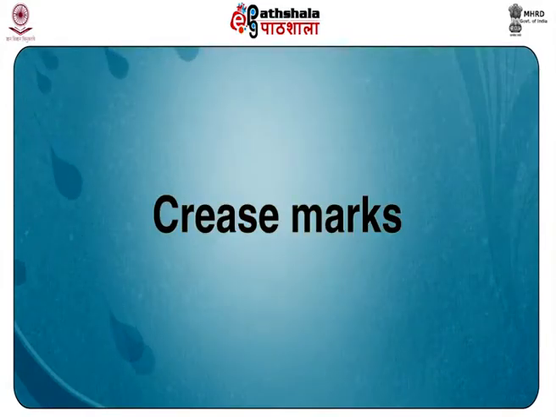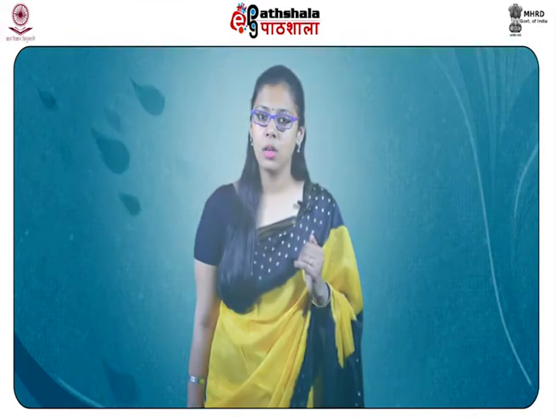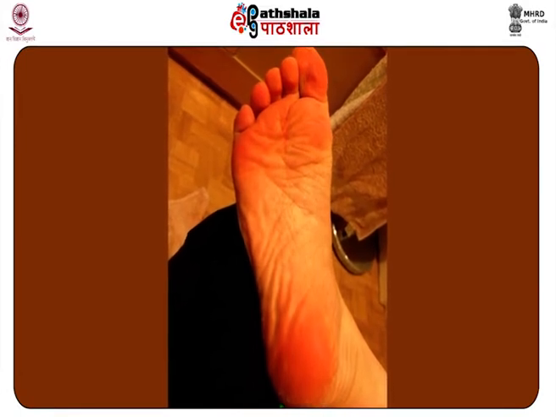Next is crease marks. Crease marks are caused by skin folds of the plantar surface of the foot. Some of the folds are long-lasting while others are not. Both types of creases form useful evidence to identify individuals. Their presence, position, size and shape are characteristic of a person.